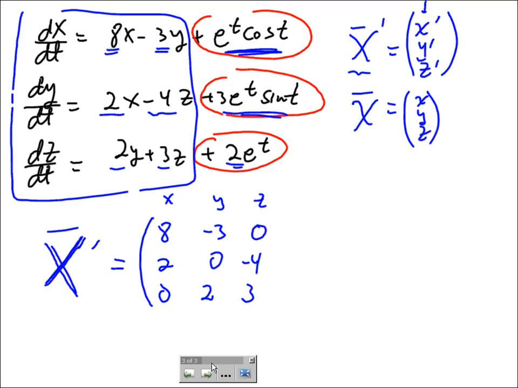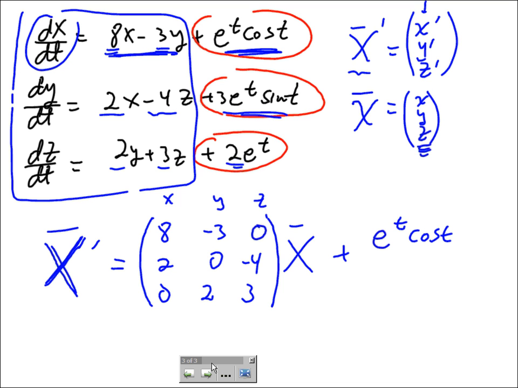Well, if we multiply this by x, y, z, that is x bar, we will have dx dt is equal to this, plus e to the t cosine t.